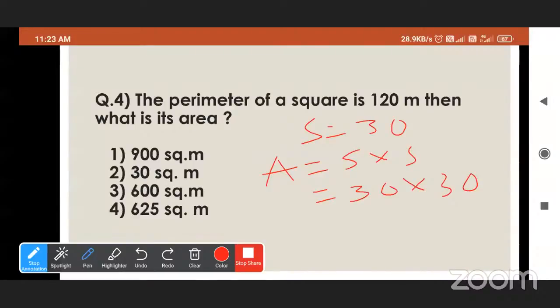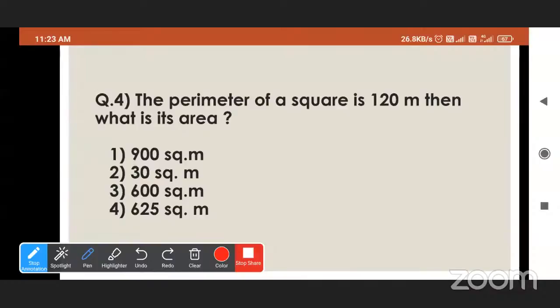Do the multiplication: 30 multiplied by 30. 0 multiplied by 0 is 0, 0, then 3, 0, 0. So the answer is 600 square meters. Okay, we will check.